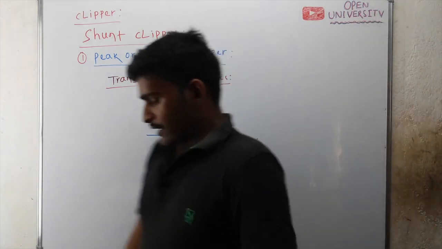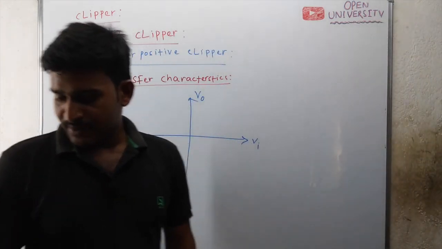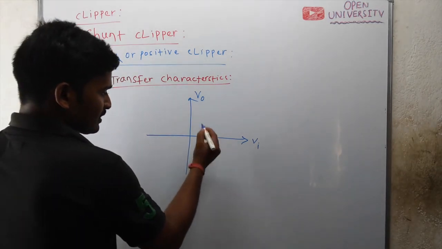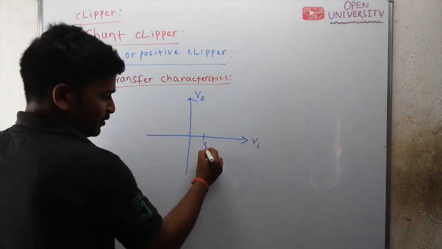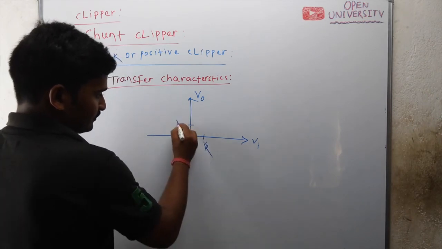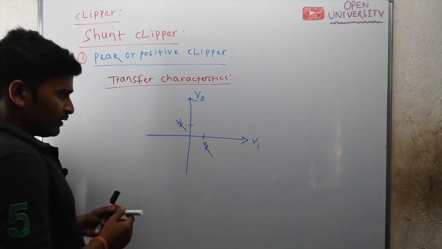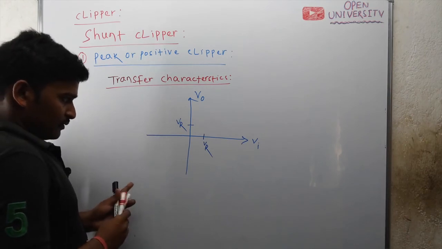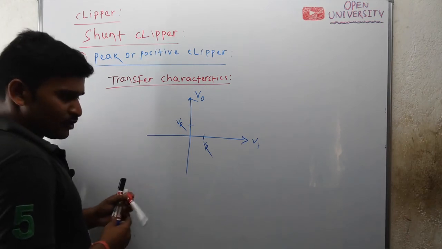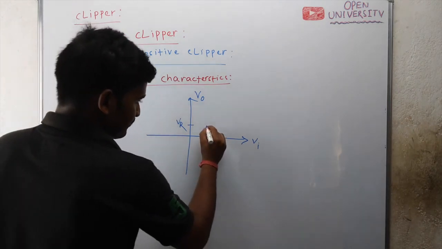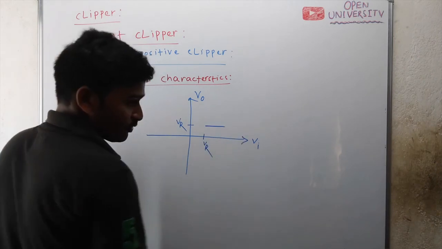Now, I will plot the transfer characteristics when VR is positive. On this side, let VR be positive. This is your VR. When input voltage is greater than VR, what was the output voltage? V not equal to VR.